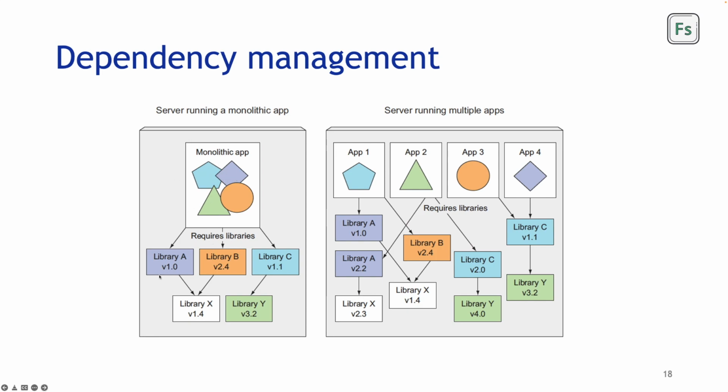And this monolithic app needs library A, and libraries A and B both need library X, and library C needs library Y. So now you have built the 4 services here, but overall this is just one service, like in a monolith. But if you go the microservice way, you say, okay, I'll put them into 4 different services.